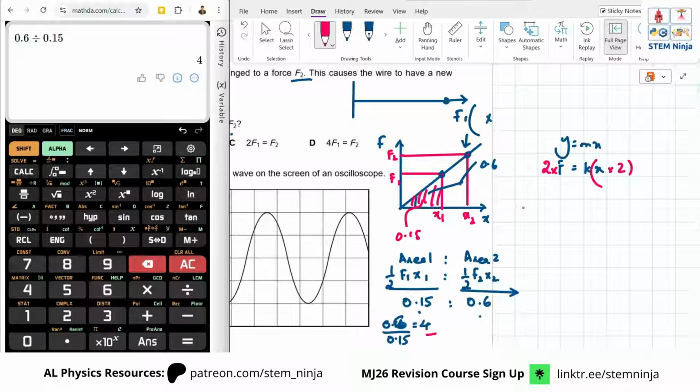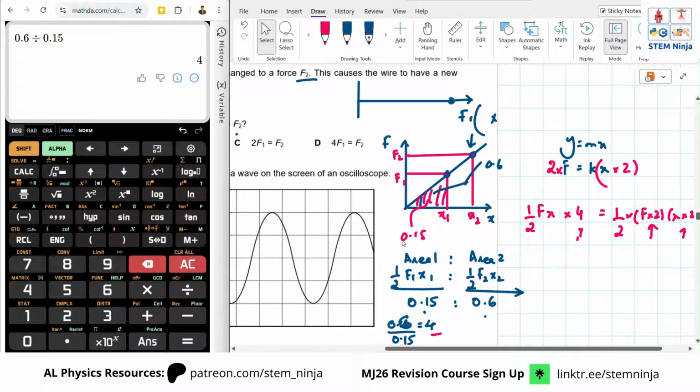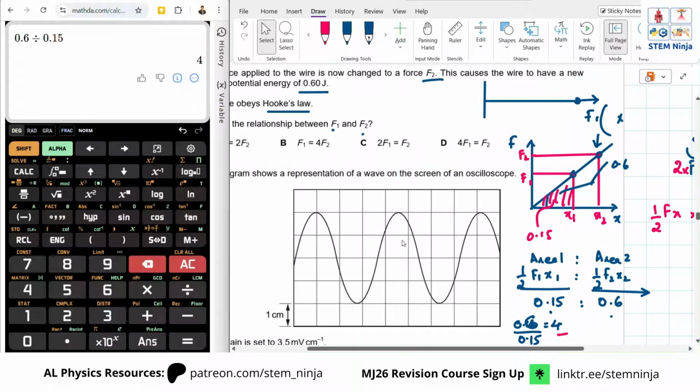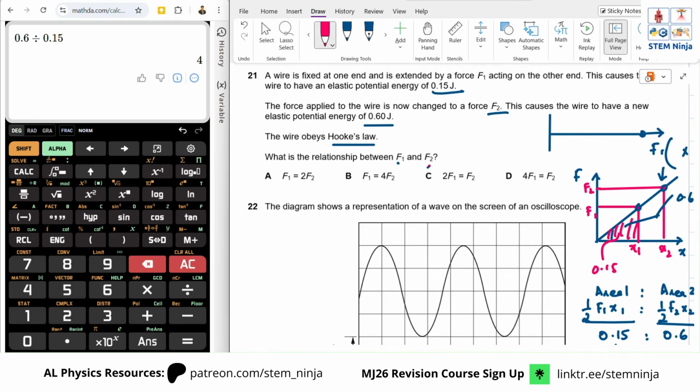So to have a net effect of half Fx times 4, you will actually be doing F times 2 and x times 2 also. So the net effect is 4, so area 1 times 4 is equal to area 2. The net requirement is that you're doubling both of these at the same time. So that's why F2 is twice F1.